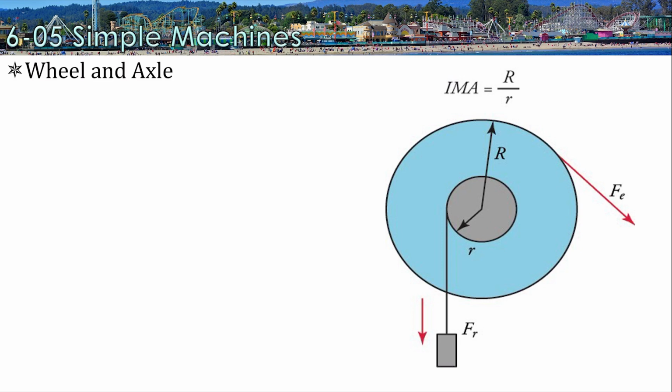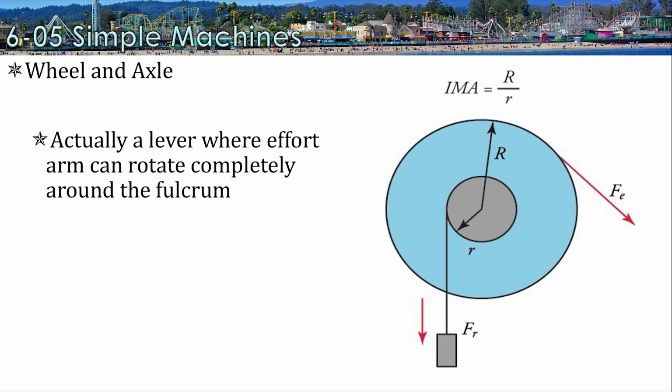The second simple machine is the wheel and axle. But it's actually a lever whose effort arm can rotate completely around the fulcrum. So our axle would be like the fulcrum. And so if this is our resistance, then the little r is our resistance distance, and the capital R is the effort distance.